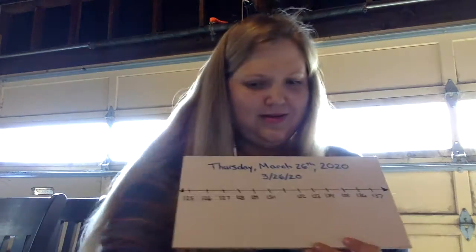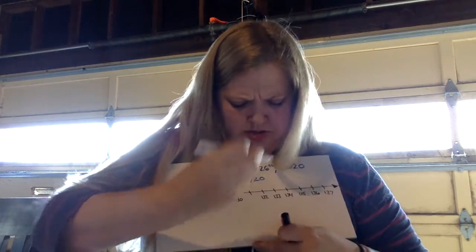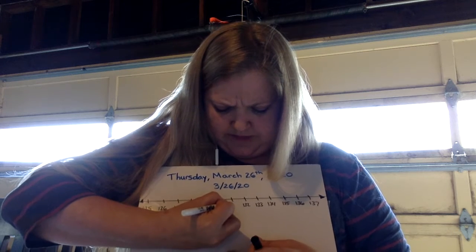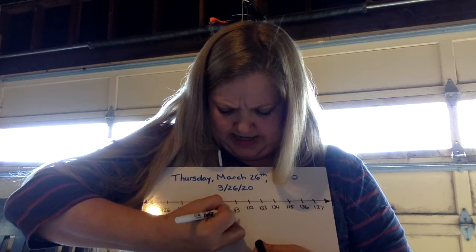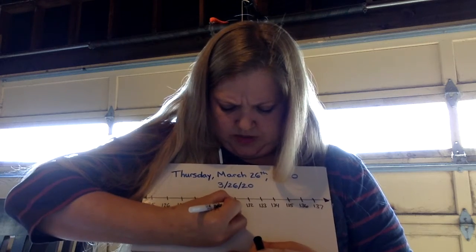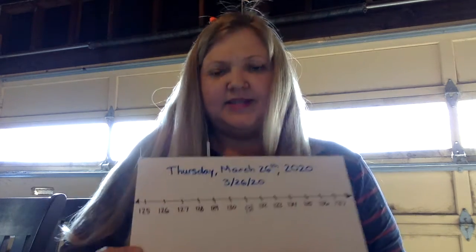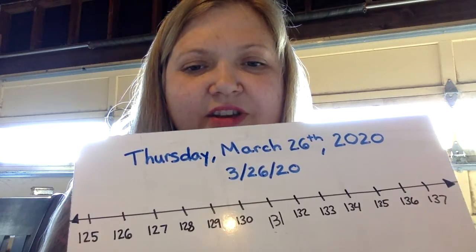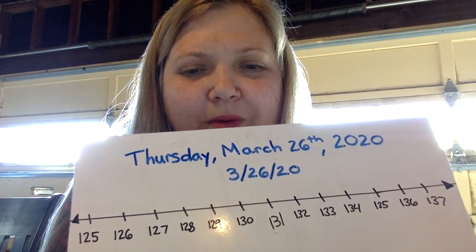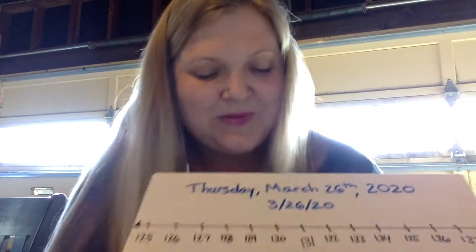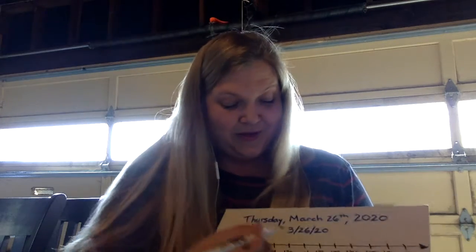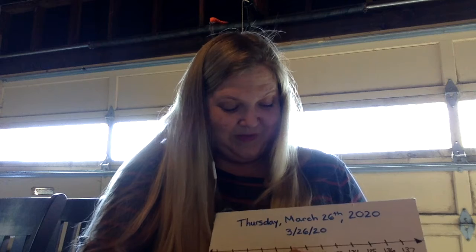It's a 1 in the hundreds place, a 3 in the tens place, and a 1 in the ones place. Put them together and what do you get? The 3-digit number 131. And guess what, boys and girls? If we were still in our classroom, we'd be having our 131st day of school.